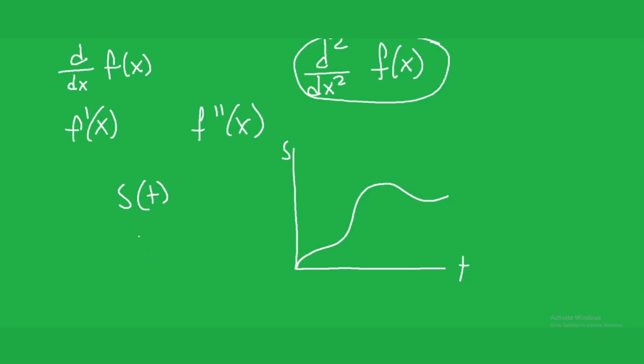And let's say that s is in meters, and we have seconds as our x-axis. So what we're figuring out here is how many meters have we traveled in t seconds? Or in other words, how much has our position changed in t seconds? Okay.